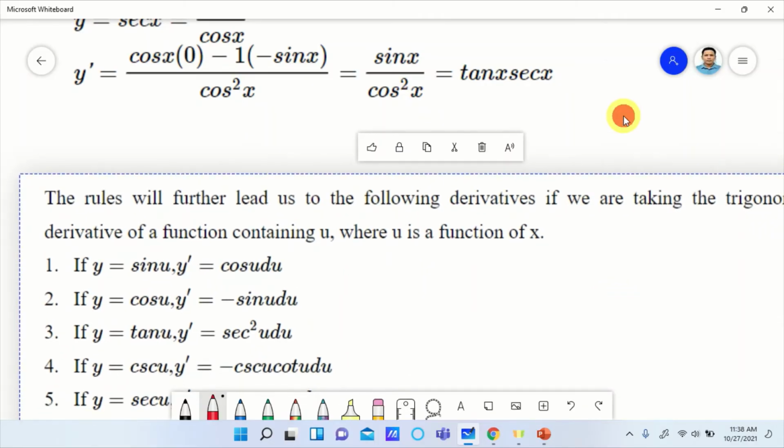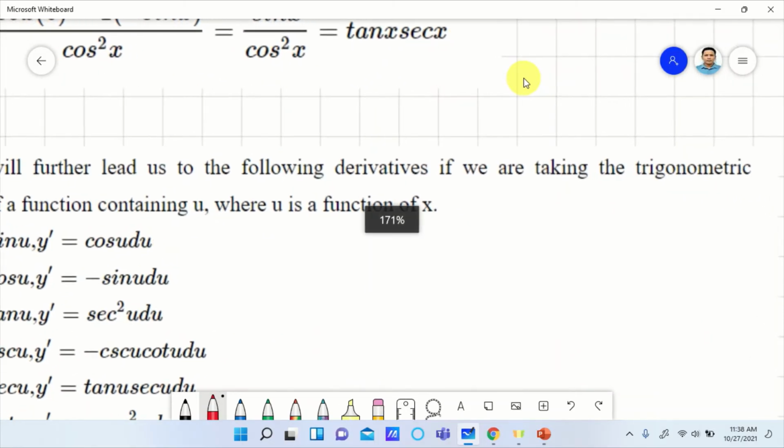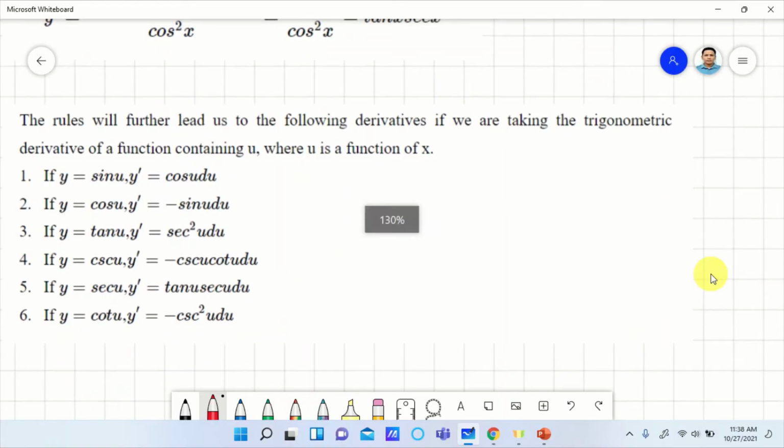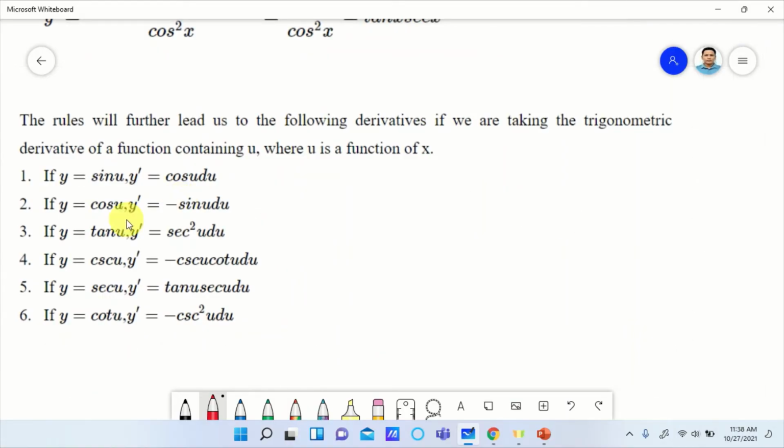So if you want to take the trigonometric derivative of a function containing u, a function of x, then you will have the following derivatives. If y equals sine u, then y prime is cosine u du. If y equals cosine u, y prime is negative sine u du. If y equals tangent u, y prime is equal to secant squared u times du.